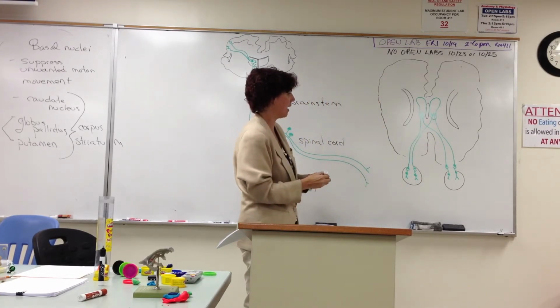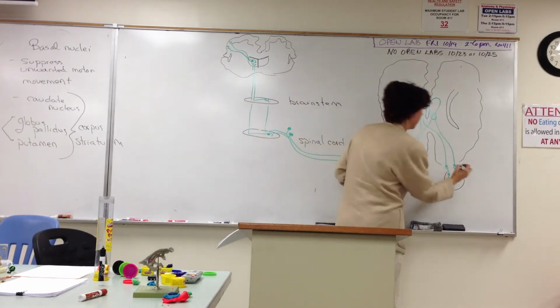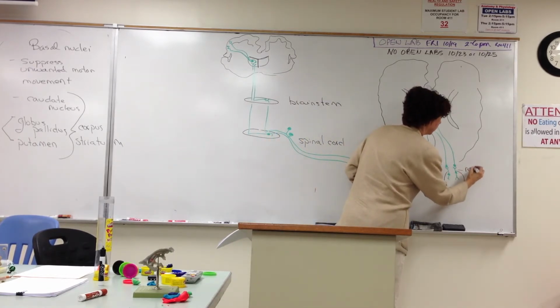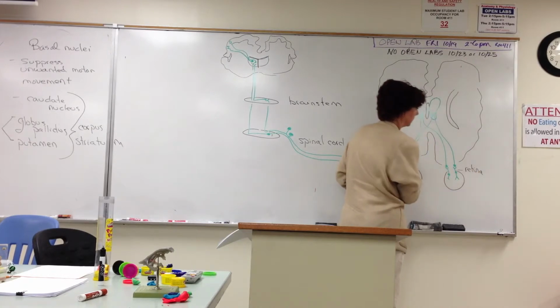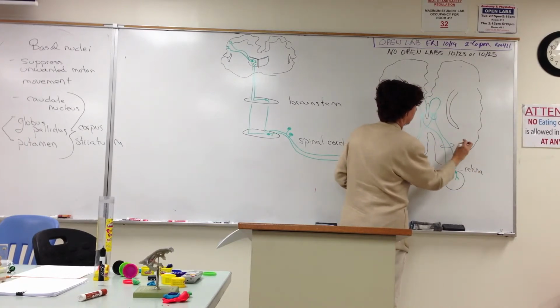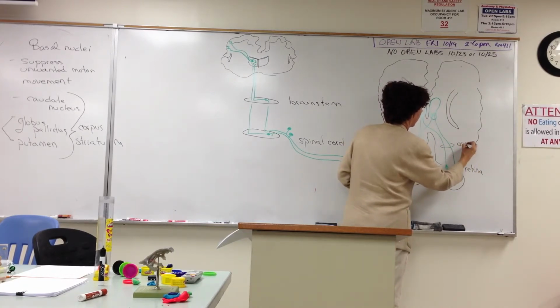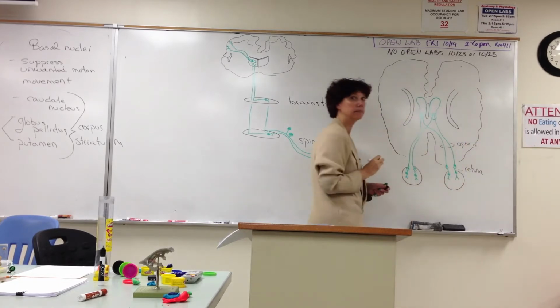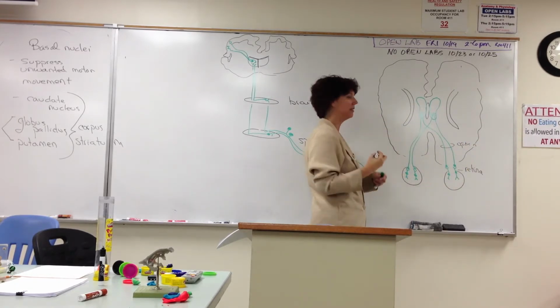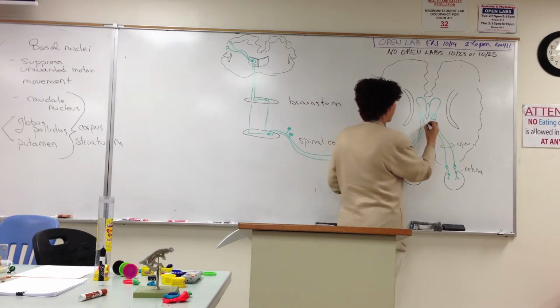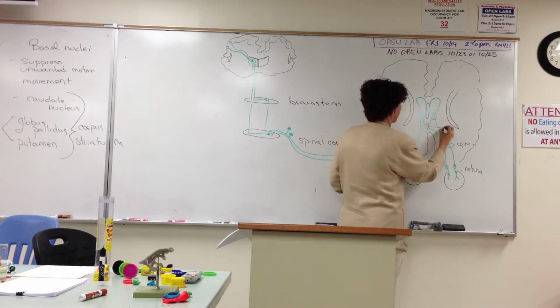So to relate it to structures that you know, this area would be the retina. Optic nerve coming out of the eyeball. Optic chiasma.